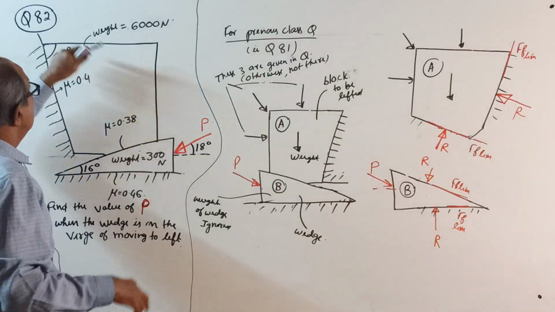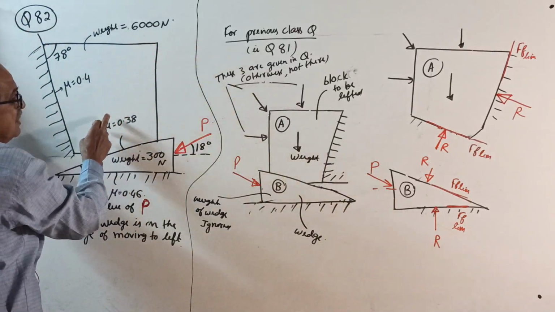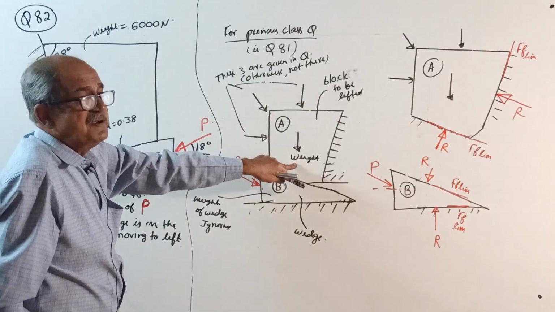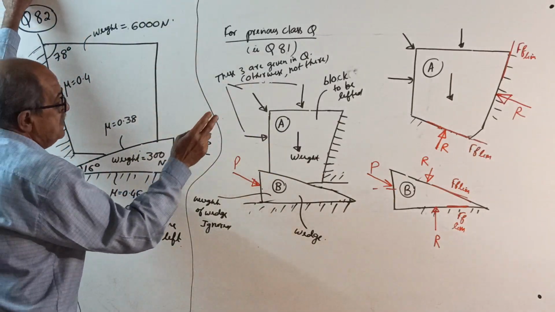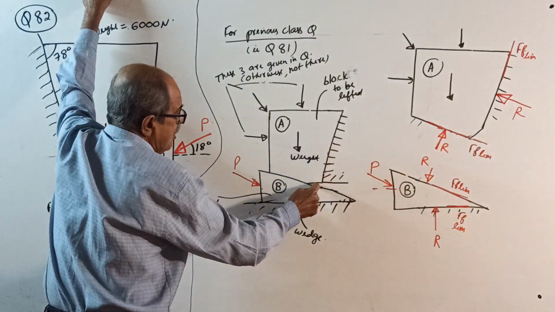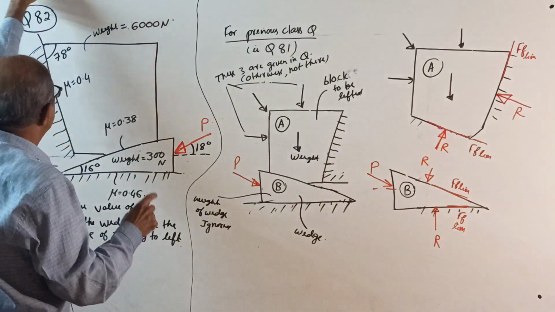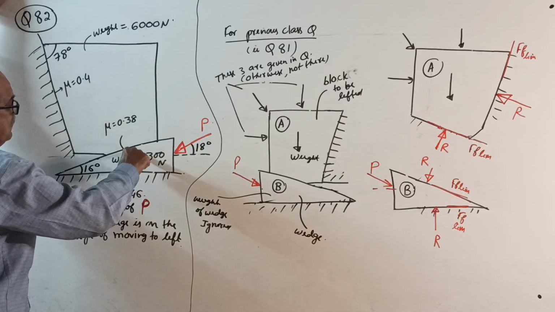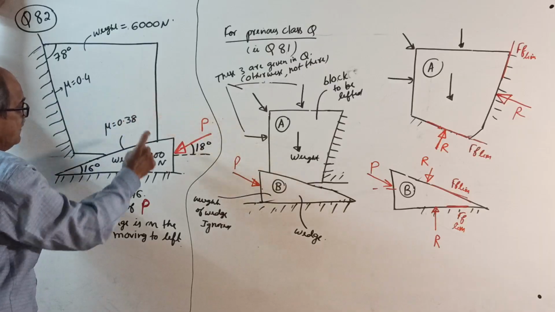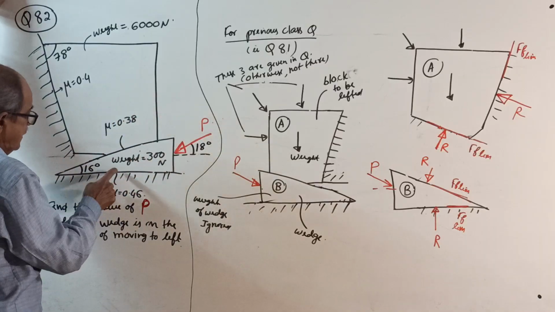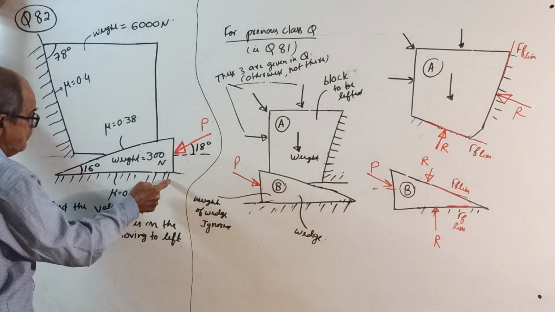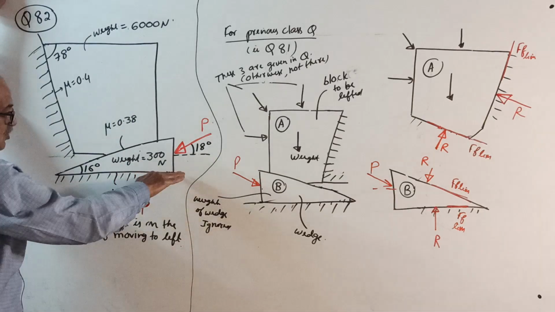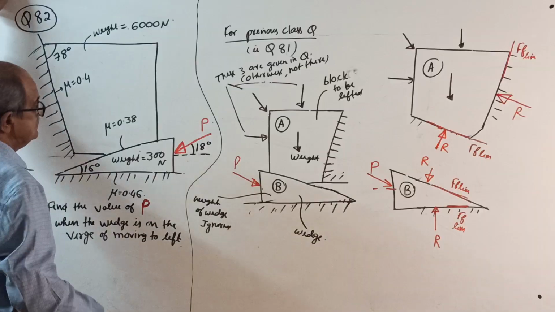In the question, last time some extra information was given. I told the friction coefficient for all of these in words. This time I am giving you the friction coefficient: between the block and the wedge it is 0.38, and between the wedge and the base, the horizontal surface, it is 0.46.